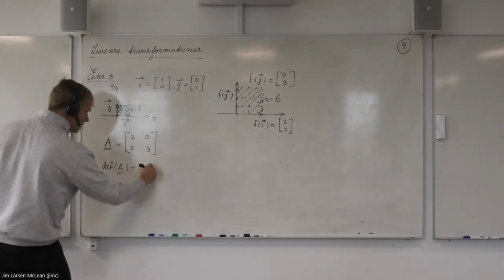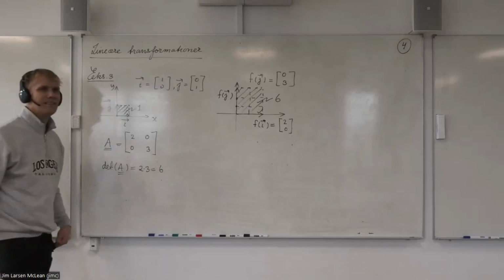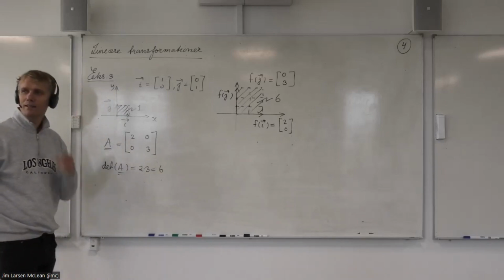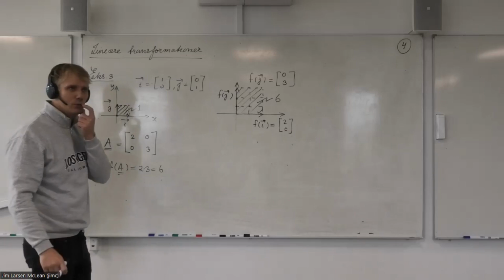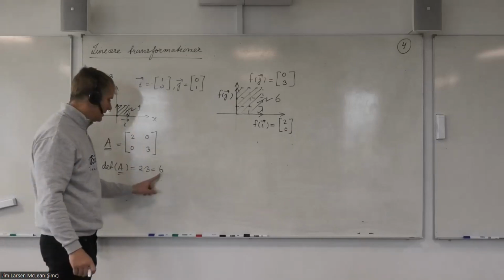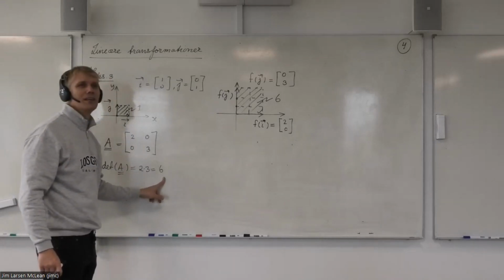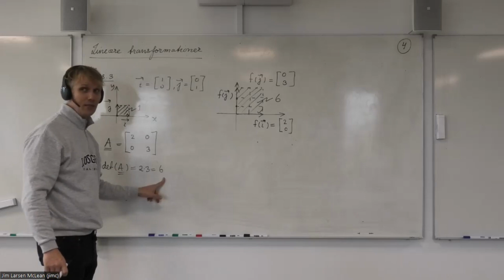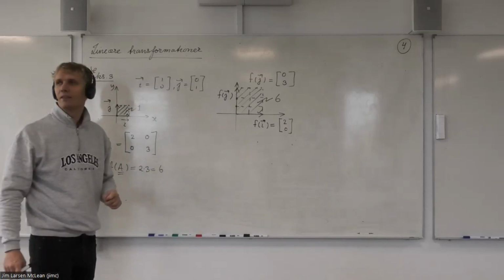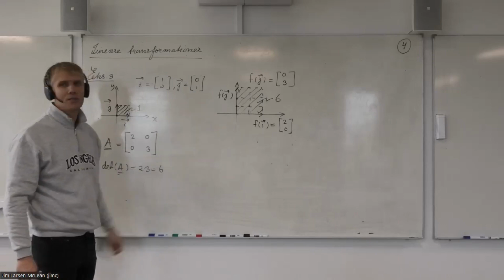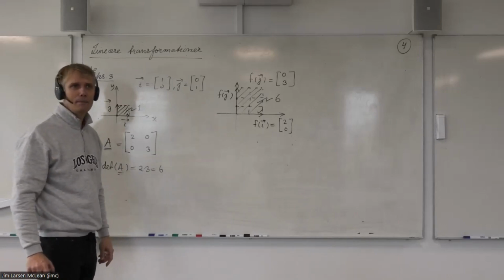Well, it's just 2 times 3, so 6. So we have now learned that the determinant means something more than what we previously understood. It is not just interesting whether it differs from 0 or not. It's also interesting to know what it is. It is 6 because the number 6 tells how much the areas have been scaled.